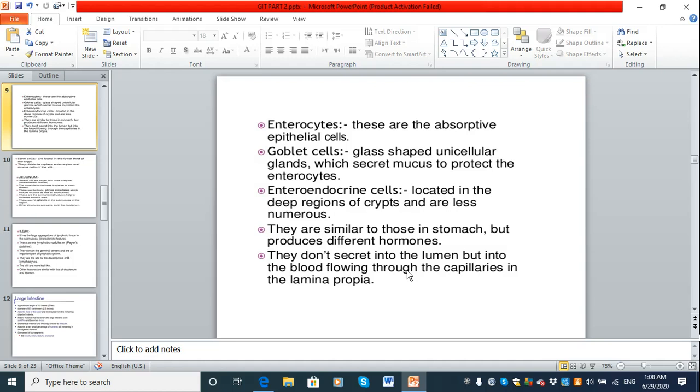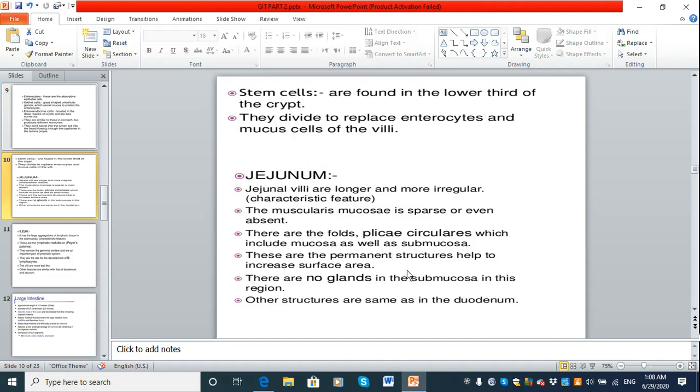They don't secrete into the lumen. They secrete directly into the blood, into the capillaries in the lamina propria. Also, we have stem cells found in the lower third of the crypt, and they divide to replace enterocytes and the mucous cells.